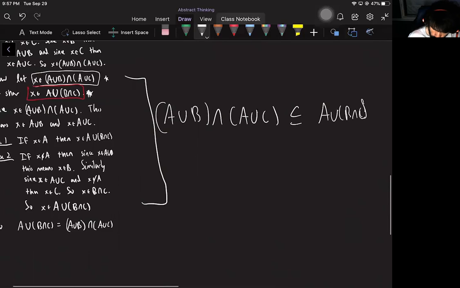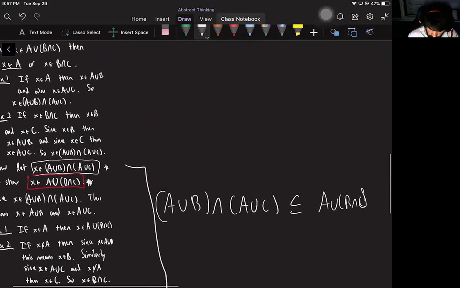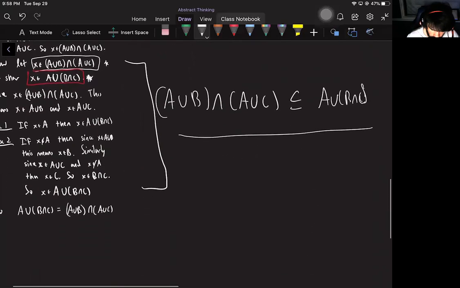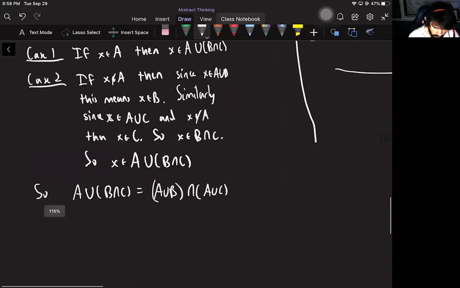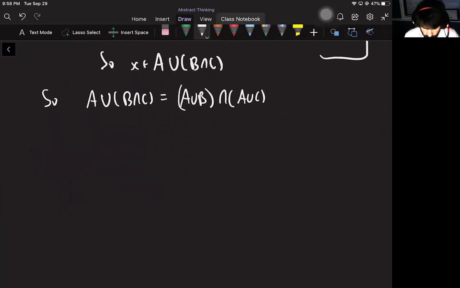So that's what this was showing. As opposed to up here, this was showing that the left side was a subset of the right side, so they're subsets of each other. So together with these two proofs, we've shown that the sets are equal because they're both contained inside of each other. So the only way that could be true is if they're the same set.